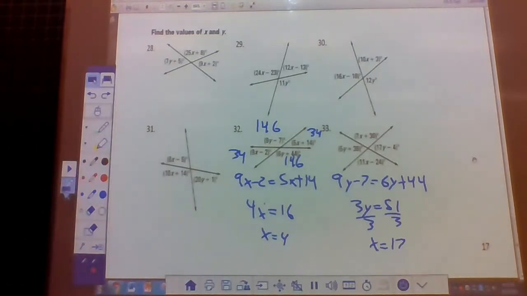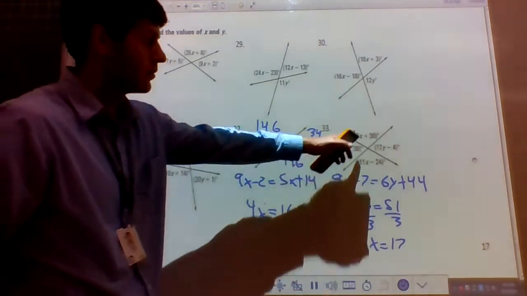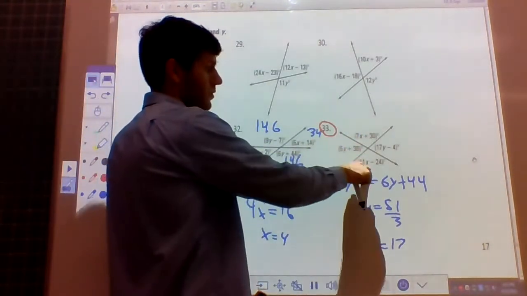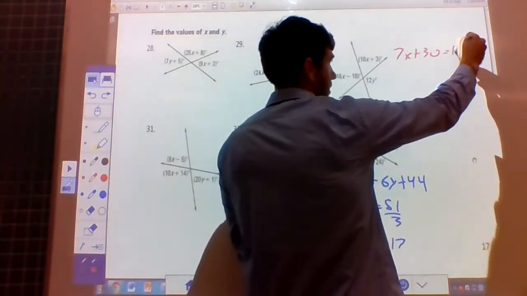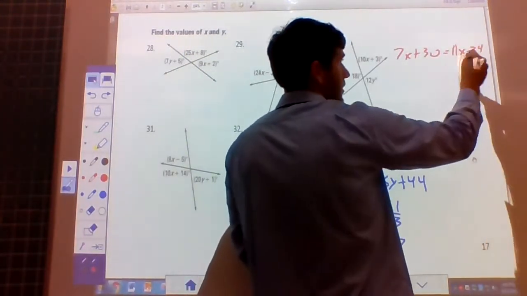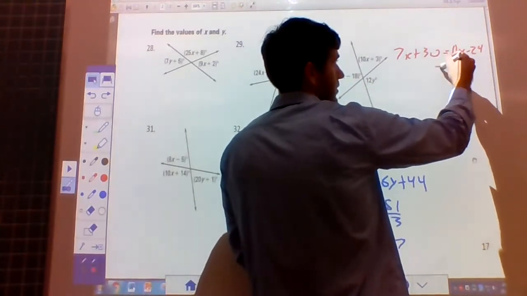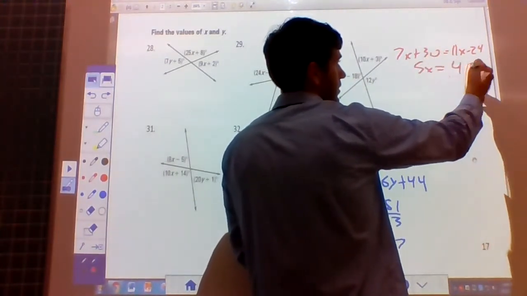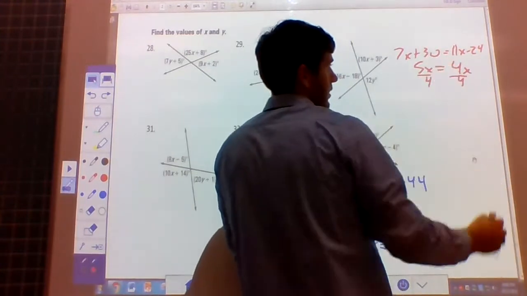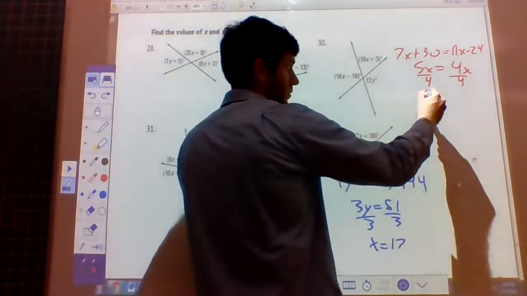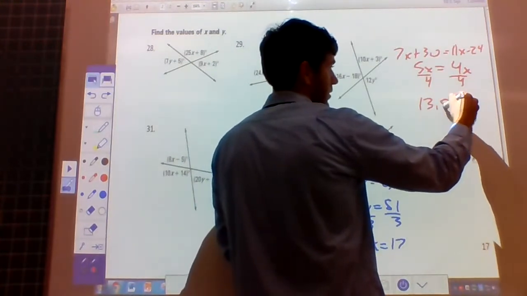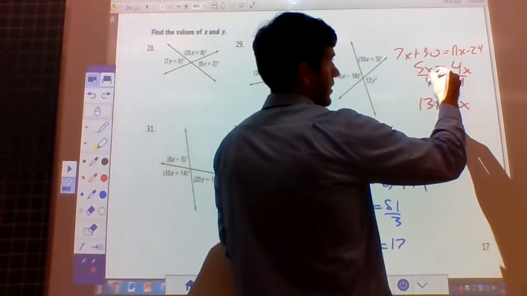Let's do the last one then. So again, 7x, so this is going to be 33. So 7x plus 30 equals 11x minus 24. So that's going to be 4x, 54. That's going to be 13 and a half. What did I write?